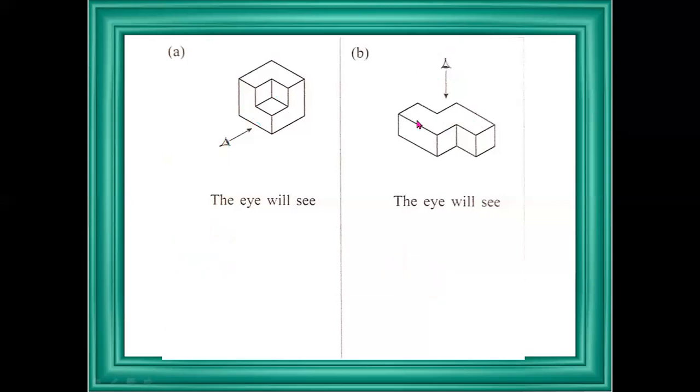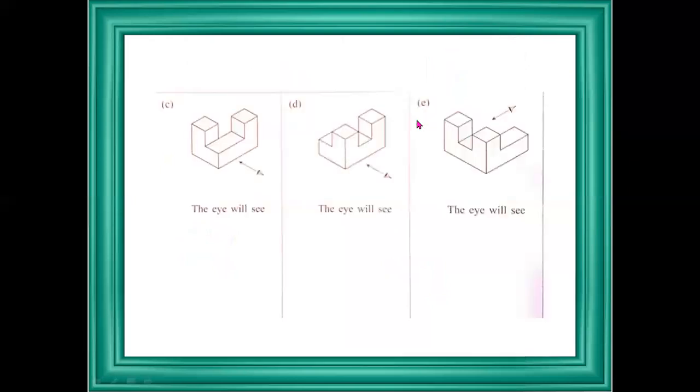Letter C, D, and E. All right, we have 1 minute, so I guess you can answer that one on your own. Looking at that side, what you can see is this side and this one.